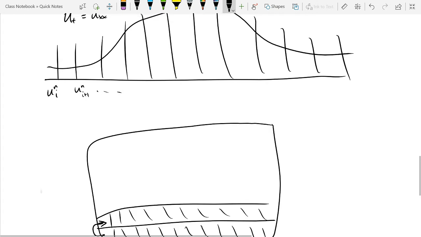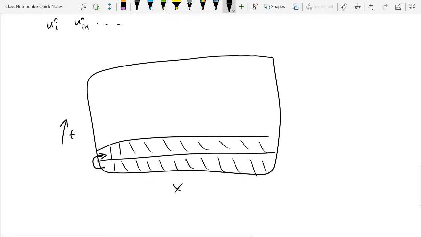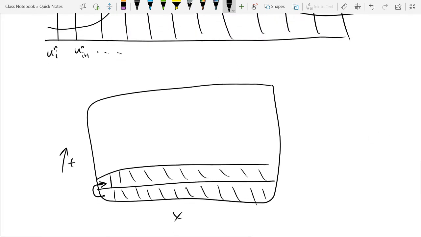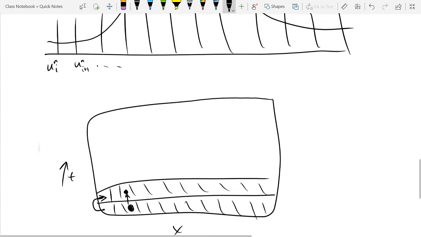The question is, if this is going up in time, and this is x, now it's all discretized. How do I know, given the concentration of the fluid here, what the concentration of the fluid will be at the next time point?